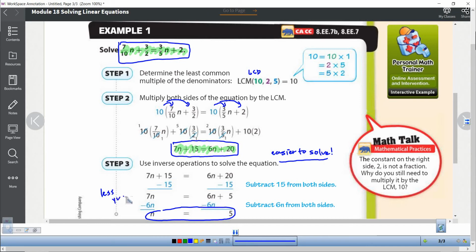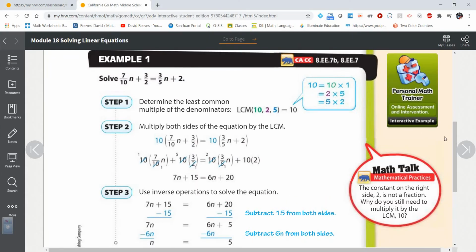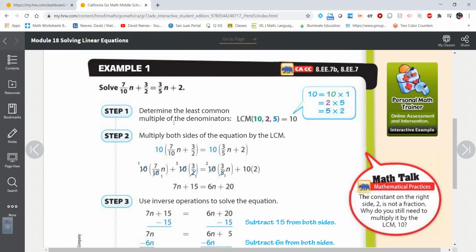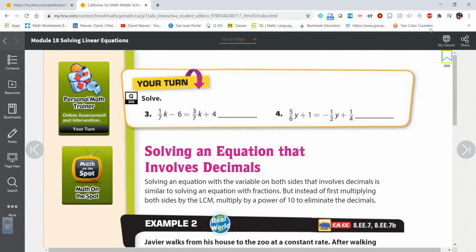We do that by multiplying by the least common denominator, or as the book said, the least common multiple of the denominators. So let's do a couple more examples here.